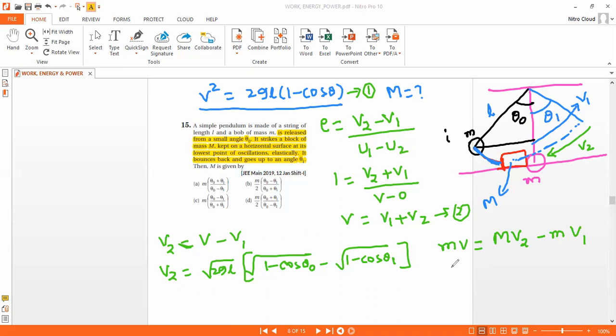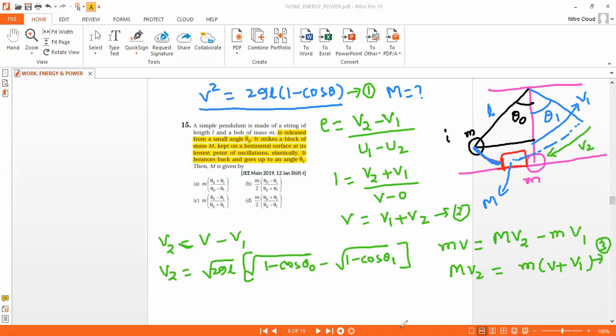So capital M v2 we can write as m into v plus v1. Let us consider this as equation 3.